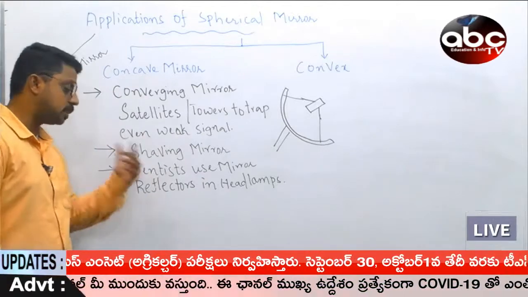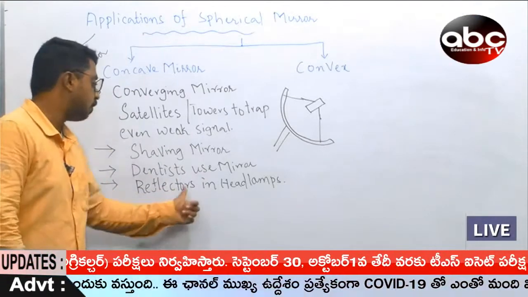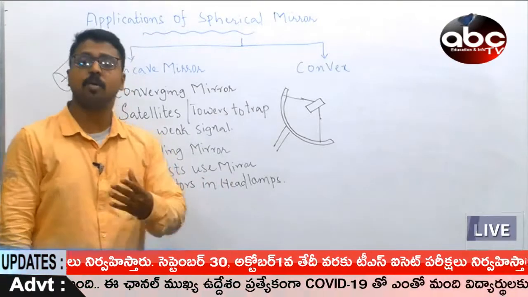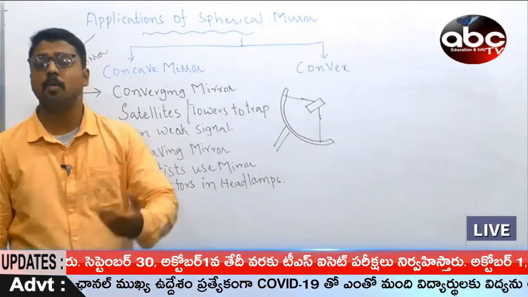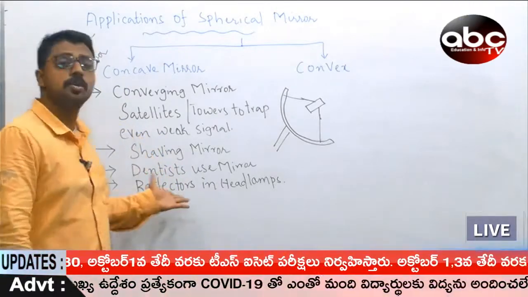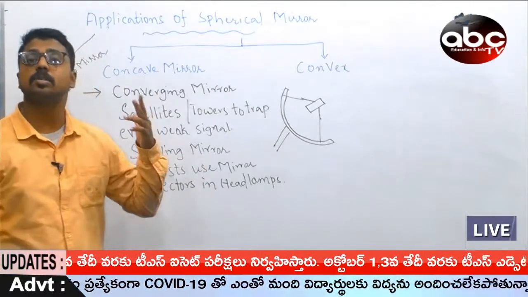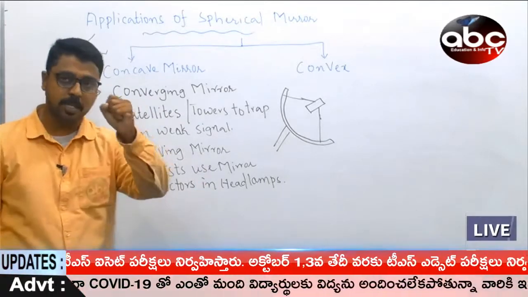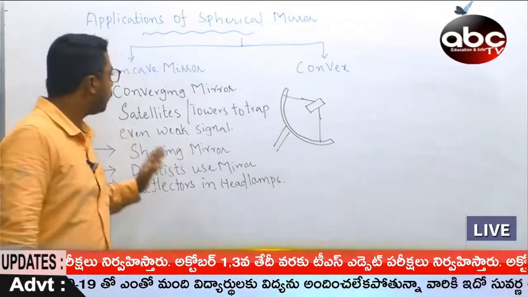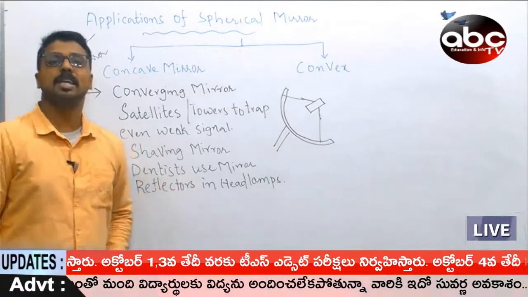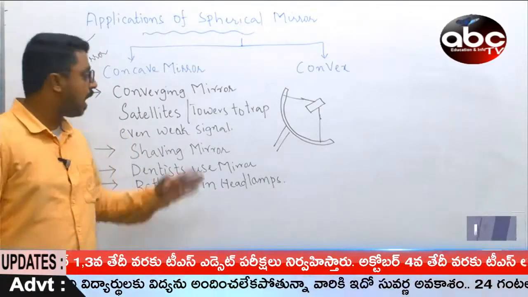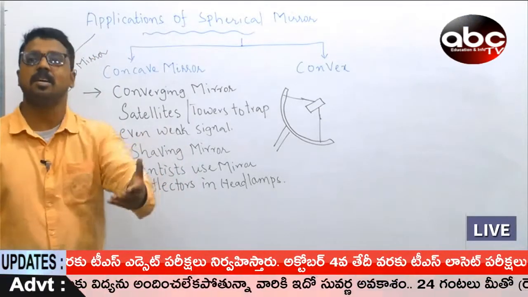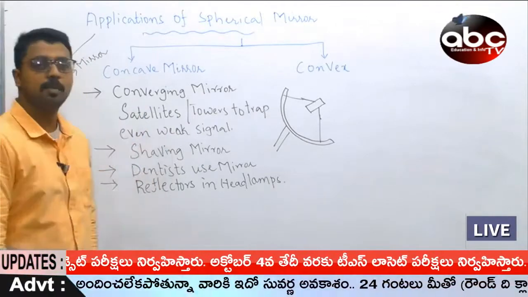Next one is they are used as reflectors in headlamps of automobiles as they trap more energy, and they are also useful in telescopes. టెలిస్కోప్స్‌లో ఇమేజ్ అనేది పెద్దగా రావడానికి మనం ఈ కాన్కేవ్ మిర్రర్‌ని యూస్ చేయడం జరుగుతుంది. So not only this, extra uses are there for a concave mirror.